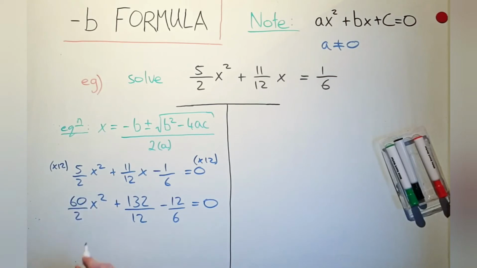Well, 60 divided by 2 is 30 x squared. Don't forget your x. 132 divided by 12 is 11, and then minus 12 over 6 is minus 2, equals 0.